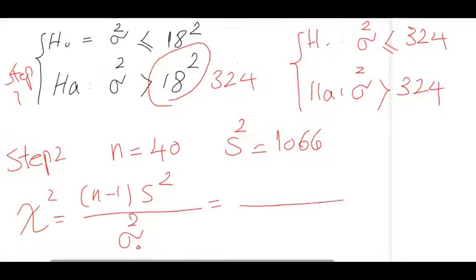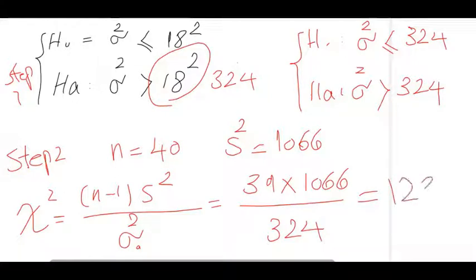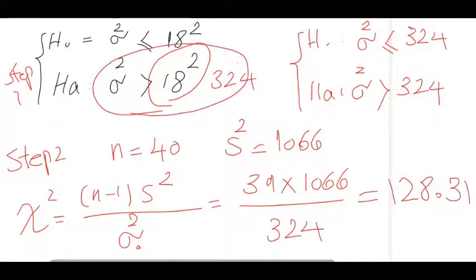N minus 1 is 39, S2 is 1066, and sigma 0 squared is 324. So the test statistic is 128.31. We have a right tail test.